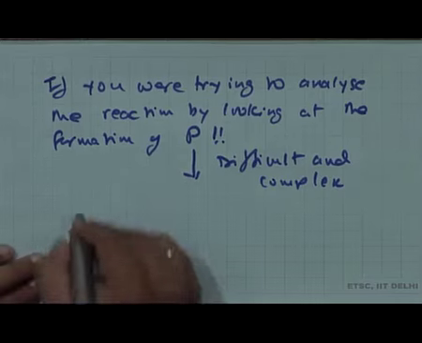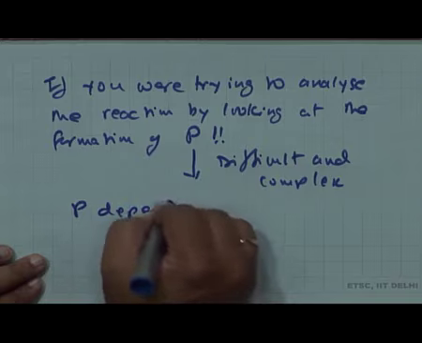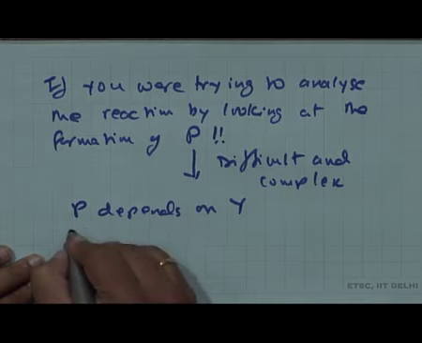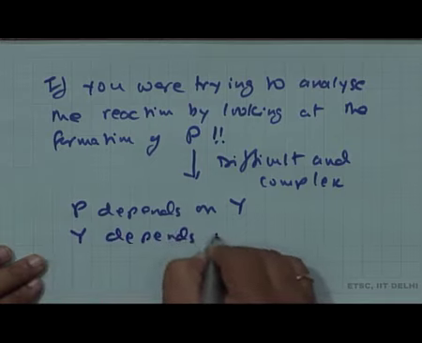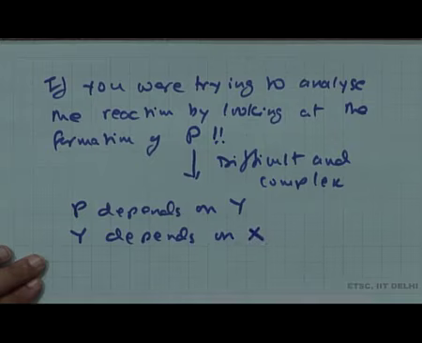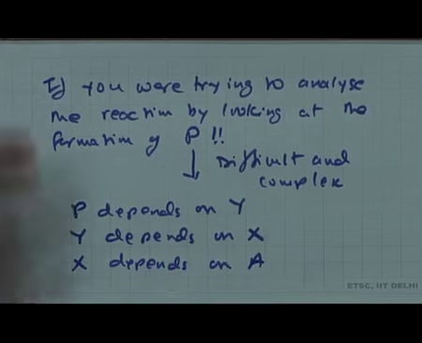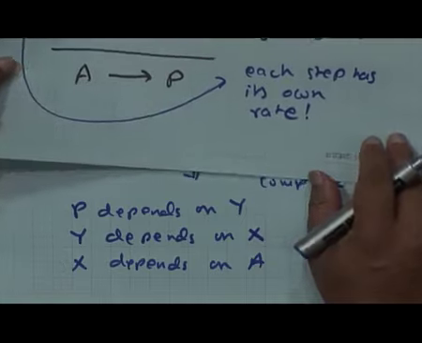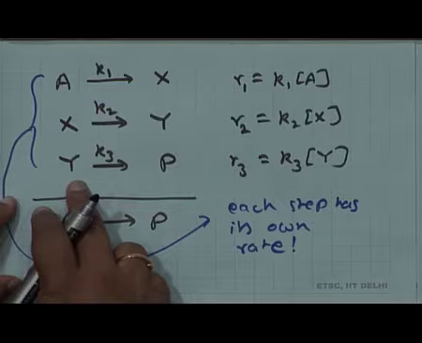Why? Because the formation of P depends on Y. Now, the formation of Y depends on the formation of X, and the formation of X now depends on A, right. So, P depends upon Y.